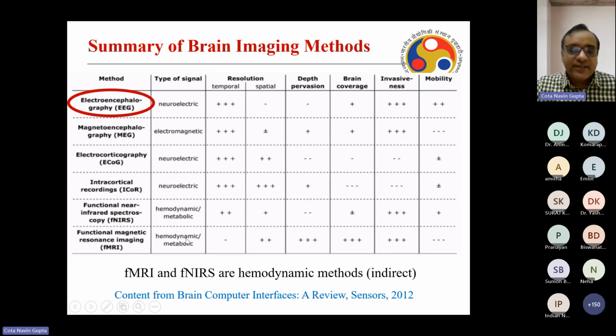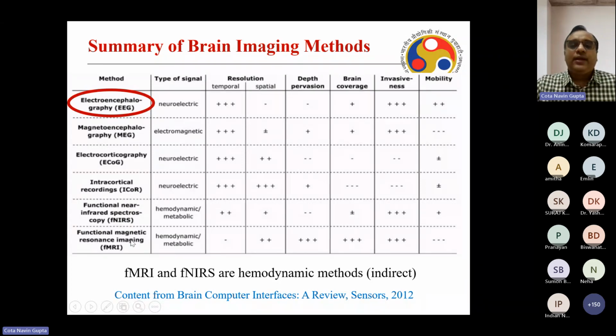Changes in blood flow are measured during a task or any given paradigm the person is performing. So if you want to decipher what exactly the person is thinking or doing during the task, you need to make use of the changes in blood flow, which is monitored by fNIRS and fMRI.